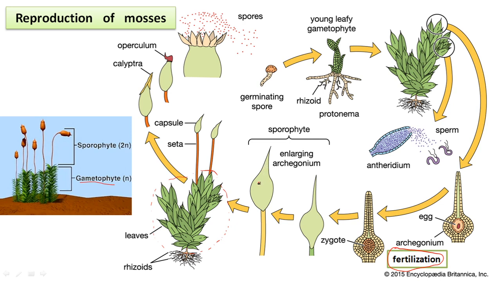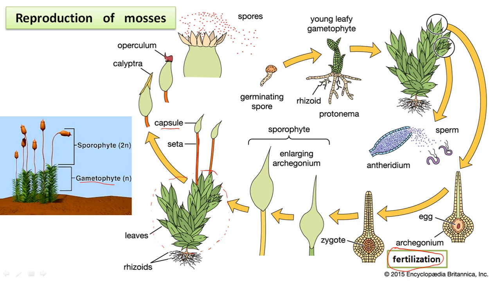And this sexual reproduction takes place here, right? After the fertilization, a new tiny plant is produced, which is called the sporophyte. The sporophyte has, at the end of this kind of stem, a capsule.